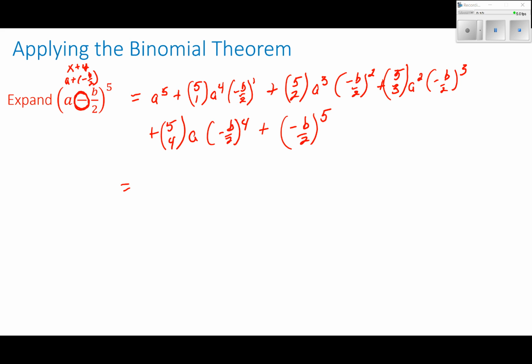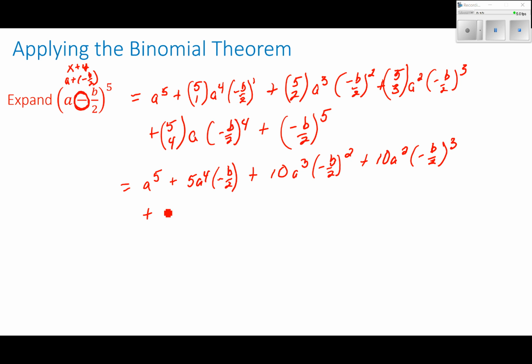Working this out, I'm going to have a to the fifth, 5a to the fourth, and then my negative b over 2. So 5a to the fourth times the negative b over 2, plus 10a cubed negative b over 2 squared, plus 10a squared negative b over 2 cubed, plus 5a negative b over 2 to the fourth, plus negative b over 2 to the fifth.